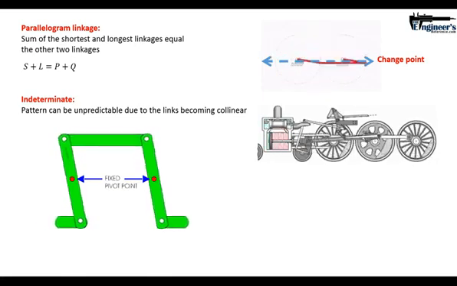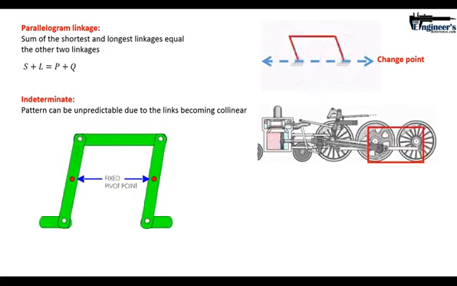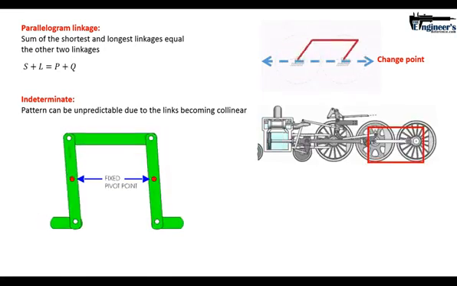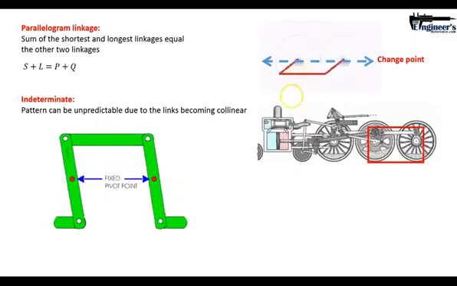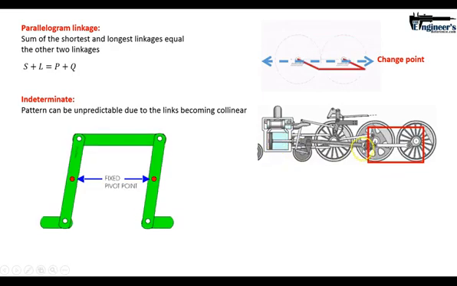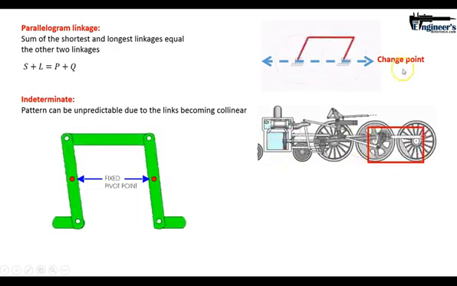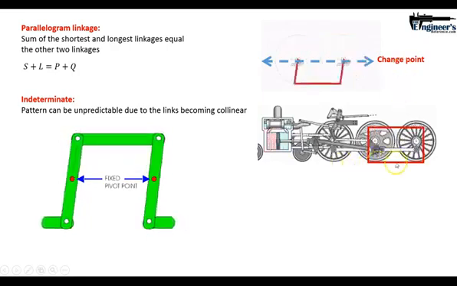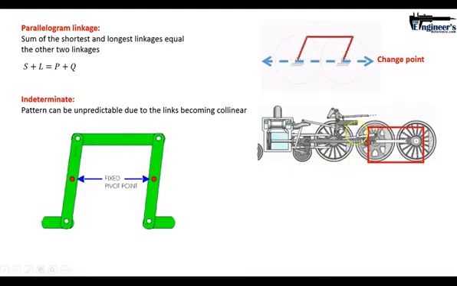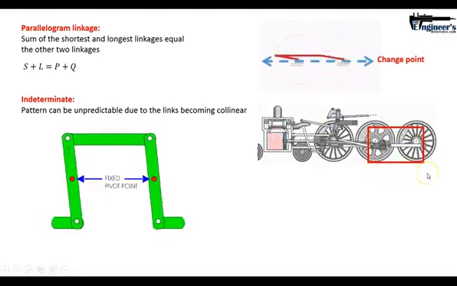If you notice in the back, you've got a 4-bar linkage. And it's not just a 4-bar linkage, it's a parallelogram linkage. And the way it is actually controlled is through the linkages before it. Going back to this end, what does this actually do? It actually makes sure that when you're at this collinear change point, you don't have an unpredictable output. So you've got a series of linkages controlling the 4-bar linkage.